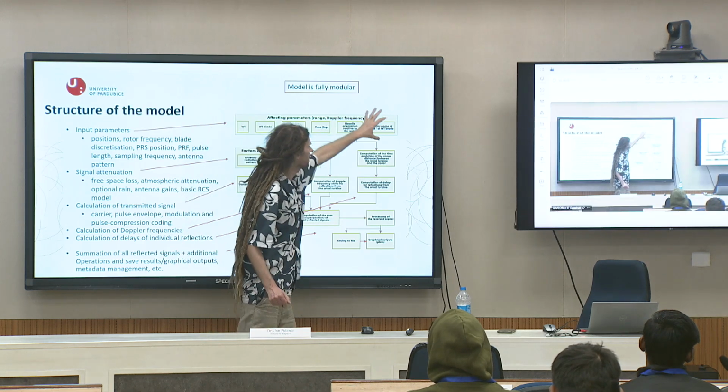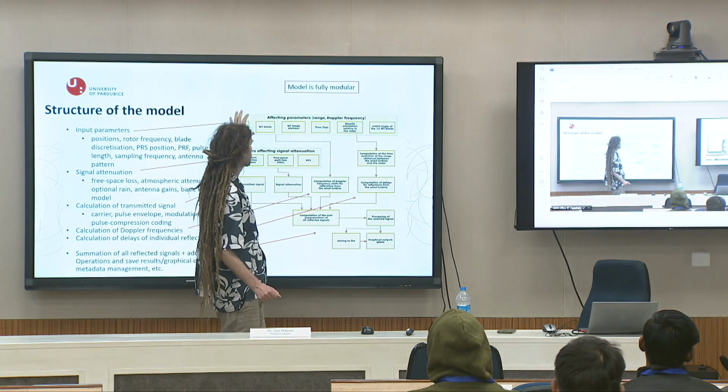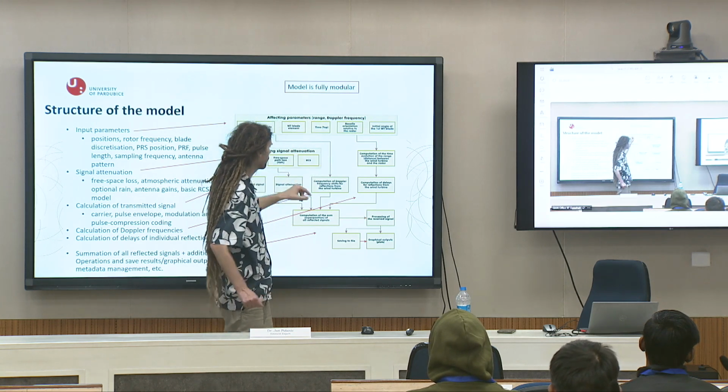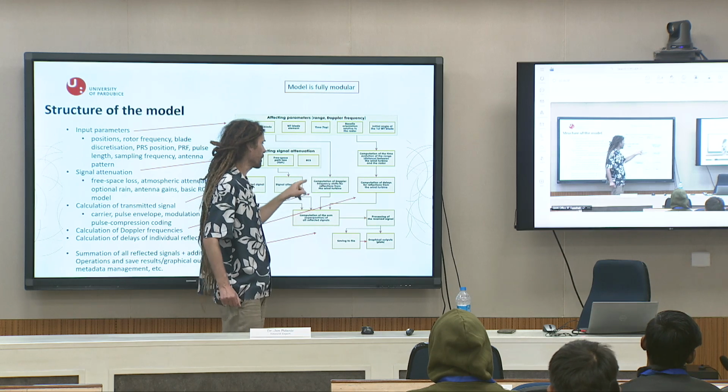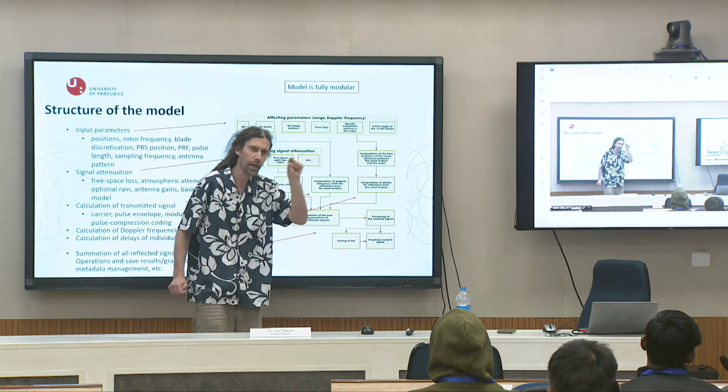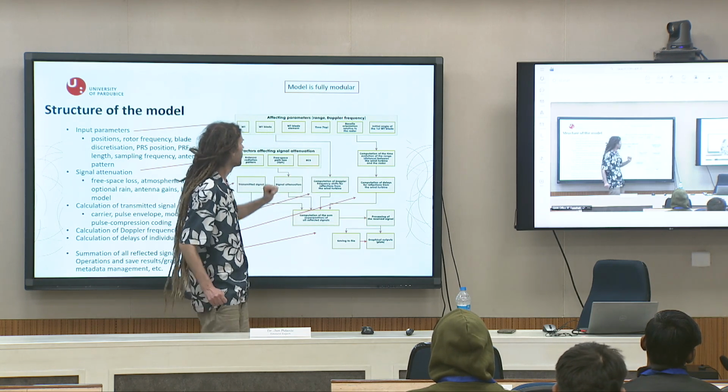From these parameters, the Doppler frequency shift for the reflection of the wind turbine is computed for each blade element.